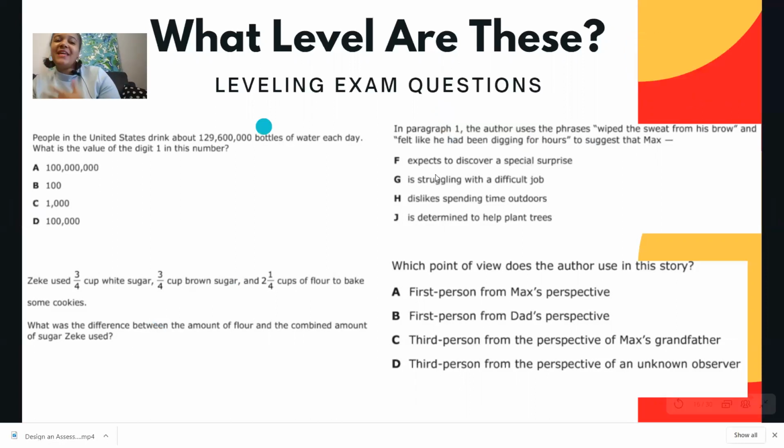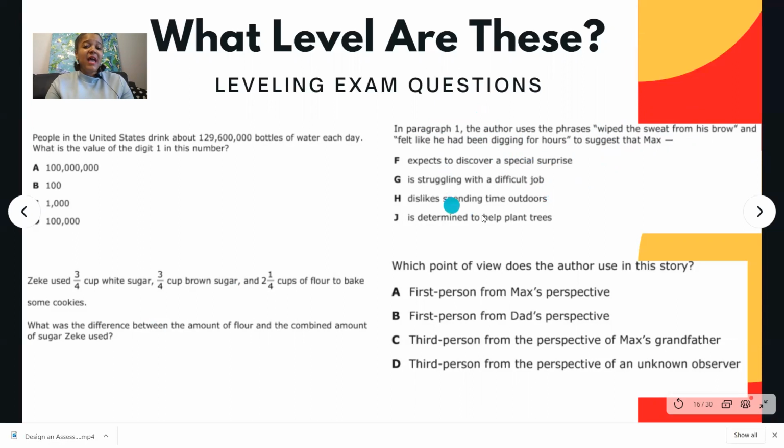Let's look at some ELA examples, okay? In paragraph 1, the author uses the phrases, wipe the sweat from his brow, and felt like he'd been digging for hours to suggest that Max, what? Suggestion. And if you notice here in the question, it's talking about author's purpose.